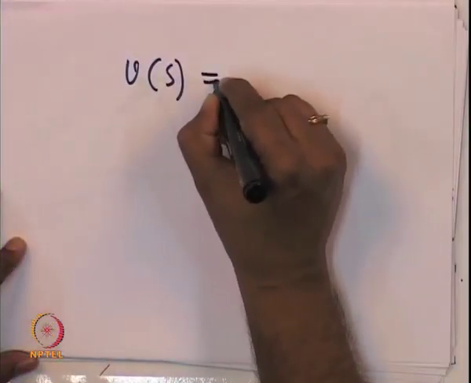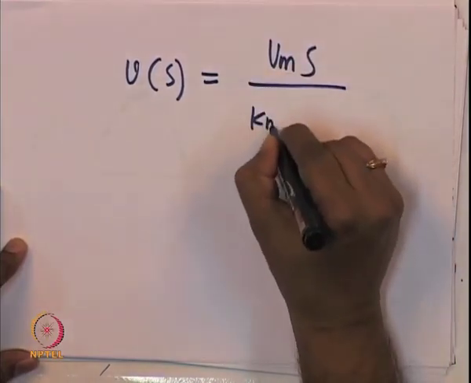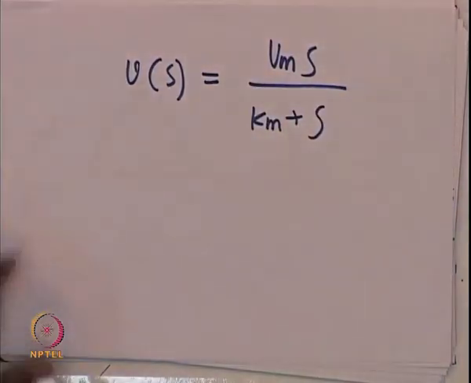So, we discussed a set of rules. Let us look at the function we have: V of s equals Vm s by Km plus s. This is the function that we want to plot.